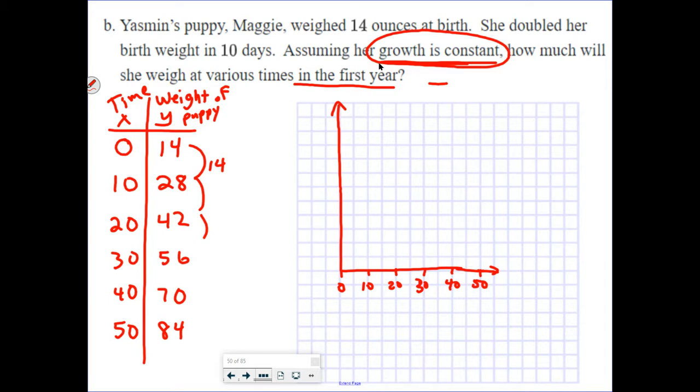So I'm going from 0 to 50, and this is days, or time in days technically. Time since birth in days. And then over here is the weight. And again, you are copying this down. You need to include these pictures in your notes to get credit for it. So please make sure you have it.